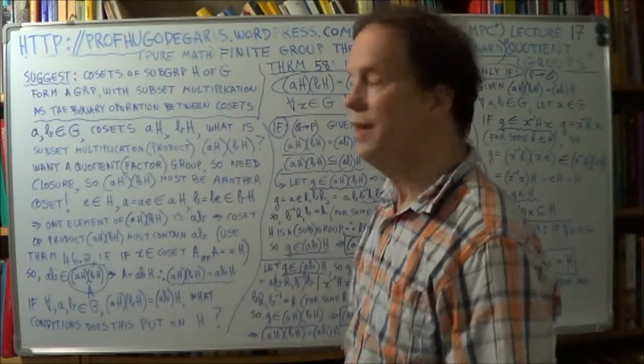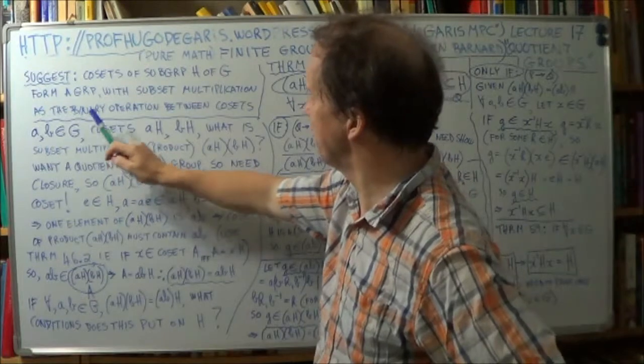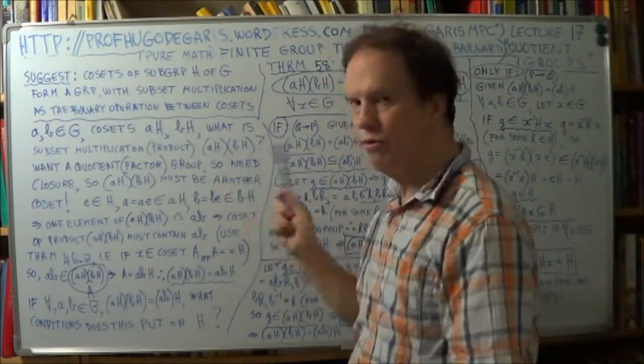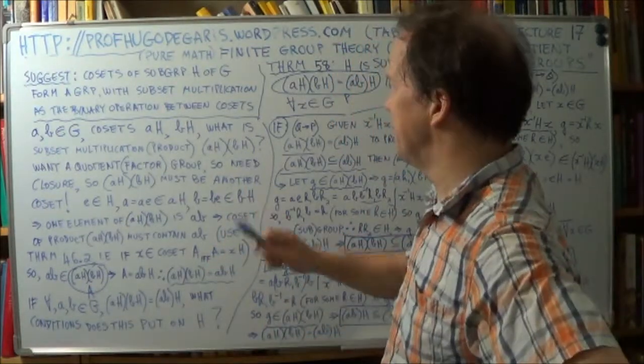What is that? Now, the suggested binary operation is to use subset multiplication. But what's the actual value? That's the problem.